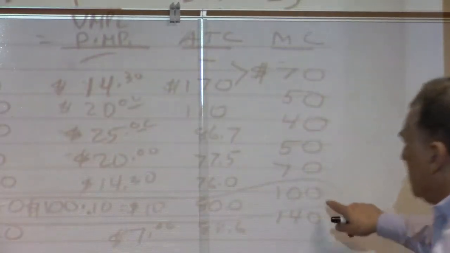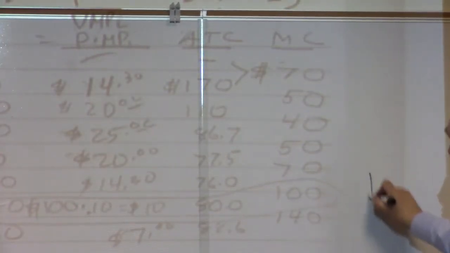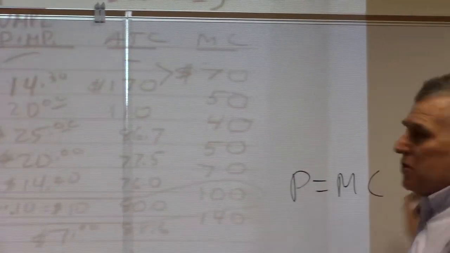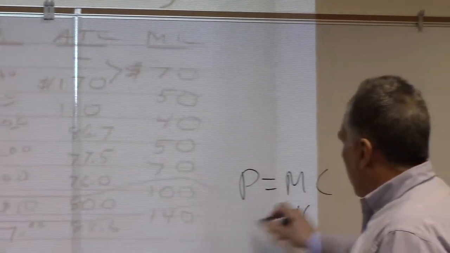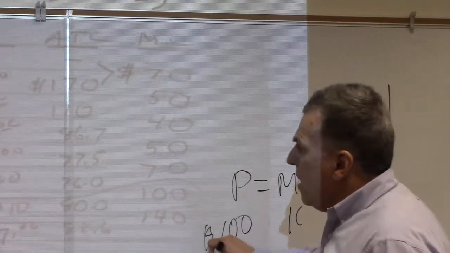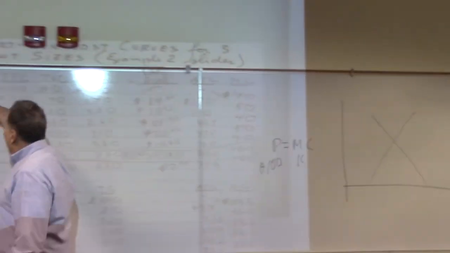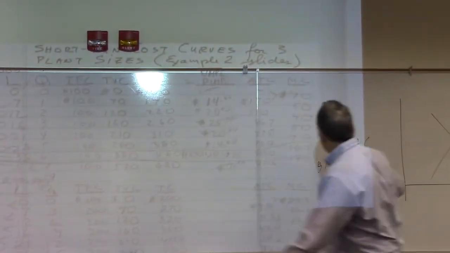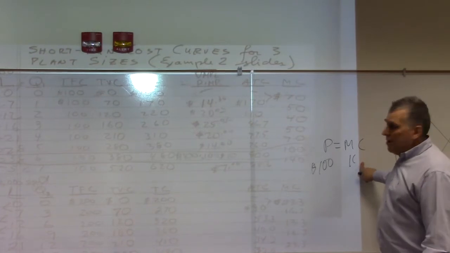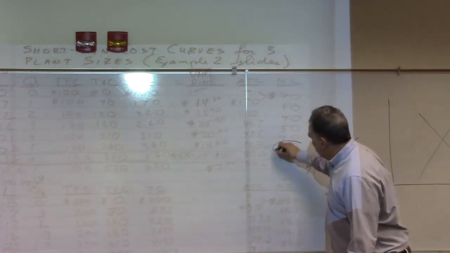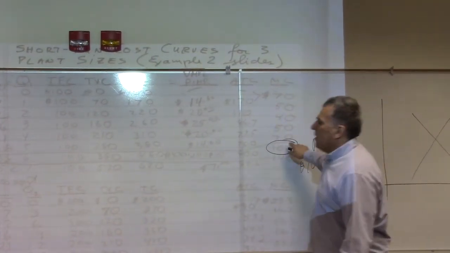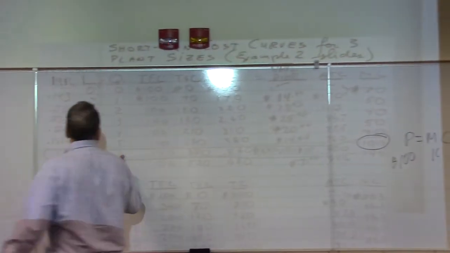Now, to find Q star, you need not just marginal cost, you need price and marginal cost. If the price is 100, we have to find the level of Q corresponding to a marginal cost of 100. And 100 is achieved at this point when output goes to 6.